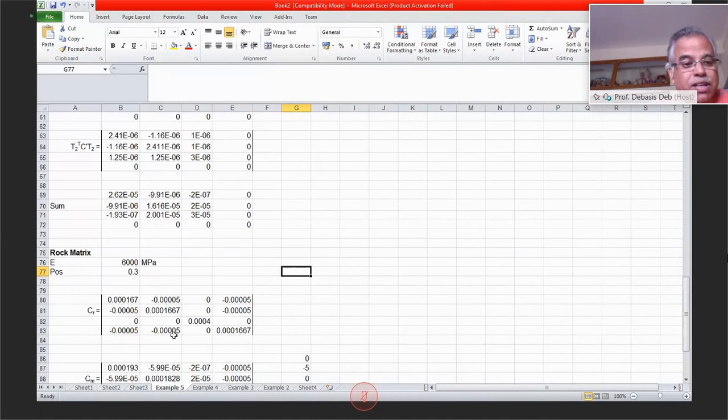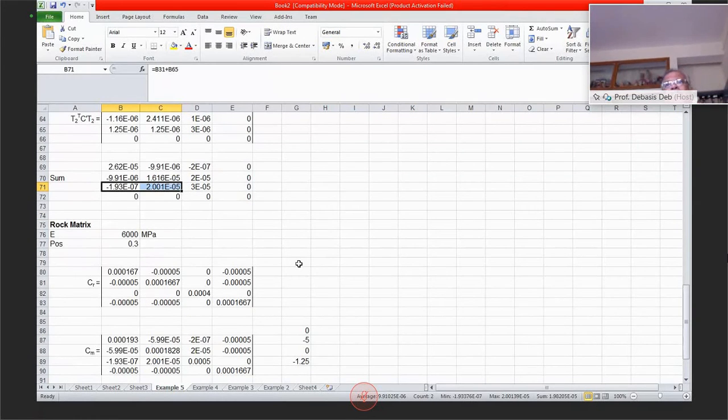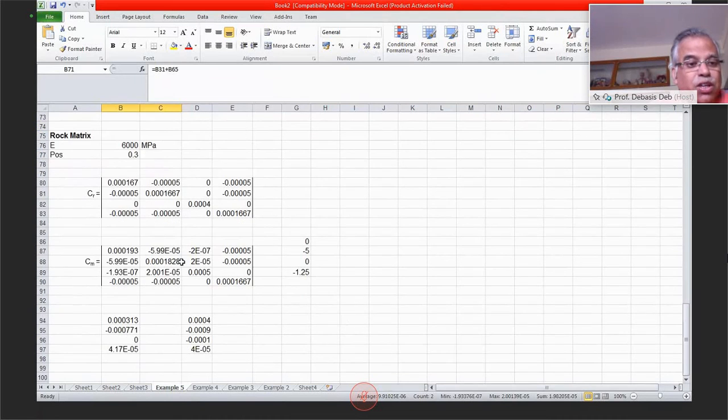So this is the compliance matrix for the rock for the plane strain condition. As I was telling you, in a purely isotropic rock this is 0, but here this is not 0. You're seeing this is not 0. So now the total compliance of the rock mass will be this one plus this one. So we got this, the total compliance CM.